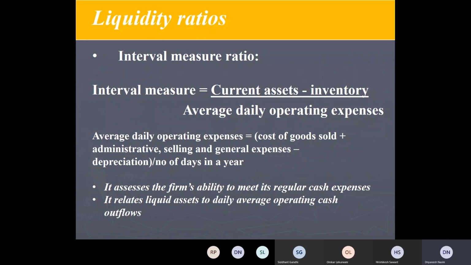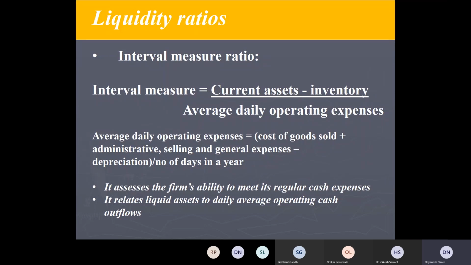These terms are divided by the number of days in a year. Generally we take 360, and whatever comes out of this will be in terms of days, that is the interval measure.